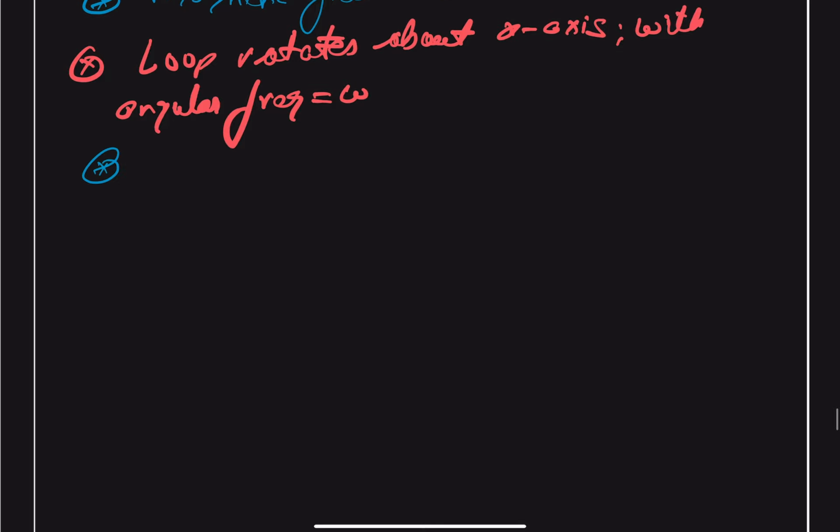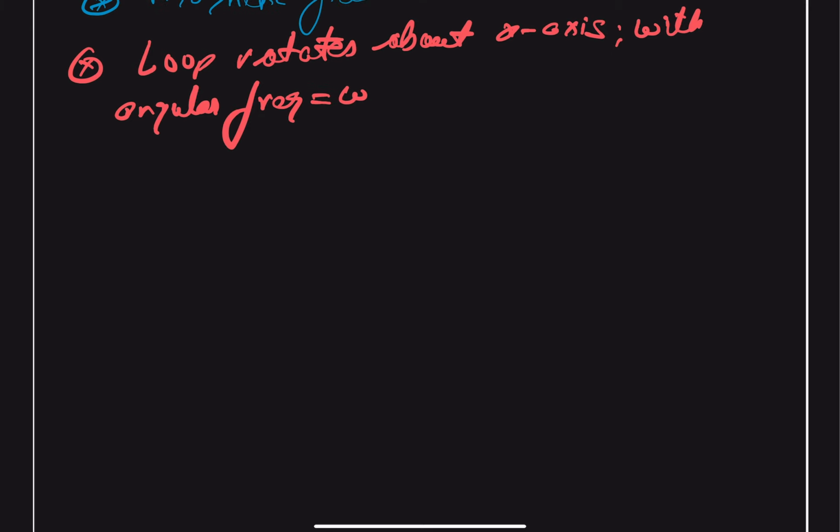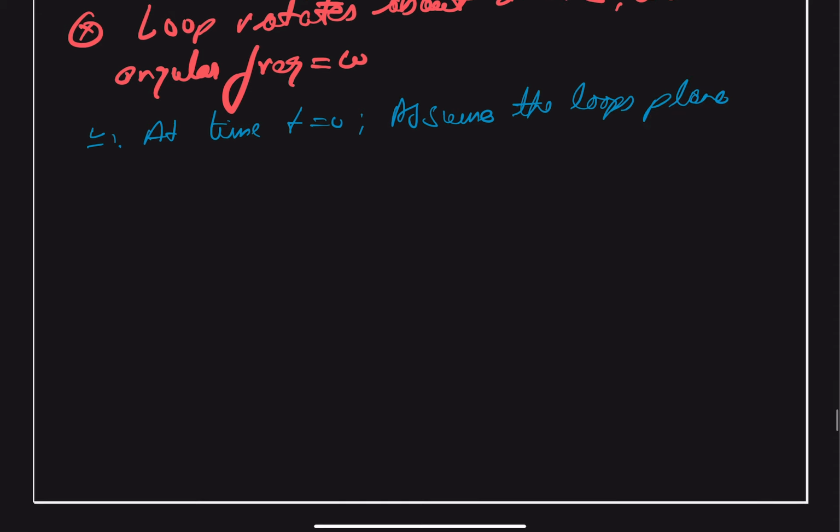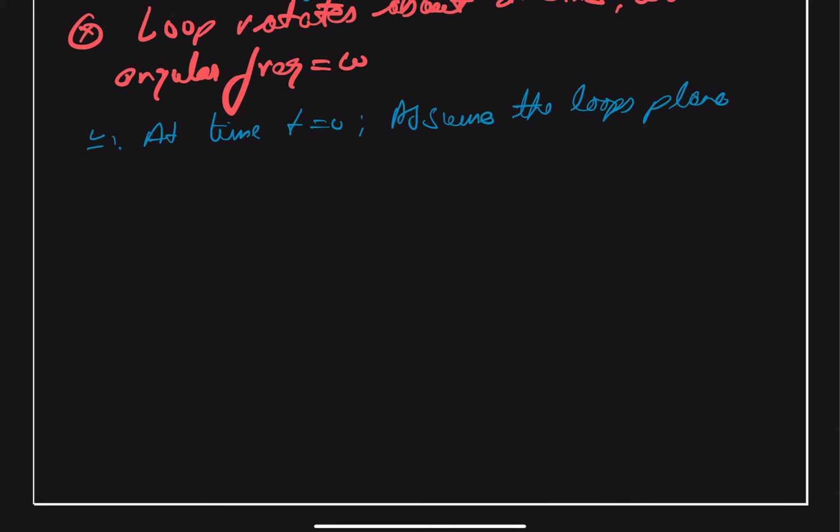So we can say that at time t is equal to 0, assume the loop's plane is the xy plane.